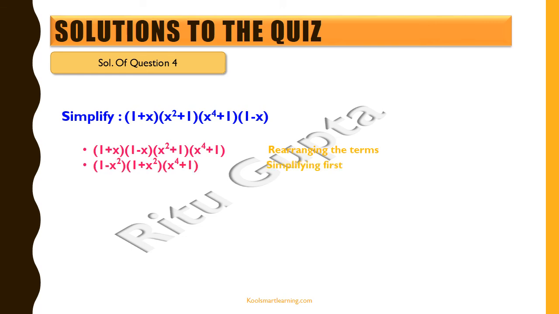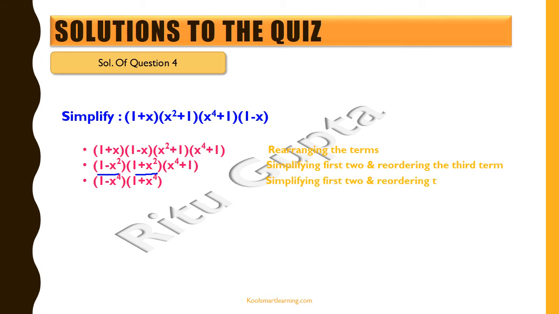So now it becomes 1 minus x square, and now since we want to use some identity, this x square plus 1 should also be of the form 1 plus x square, so that we can use the identity of the type a minus b and a plus b. For the first two terms using the identity, we make it 1 minus x square, and then the third term we rearrange to make it 1 plus x square, and the fourth term we keep like that.